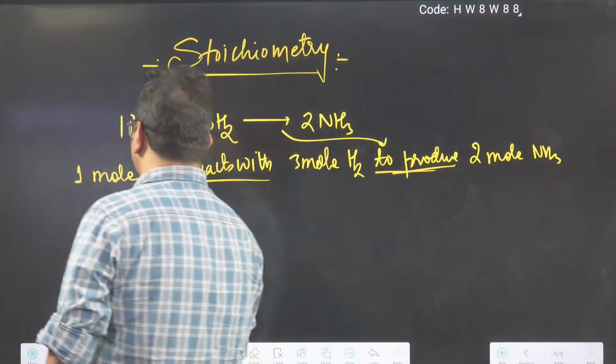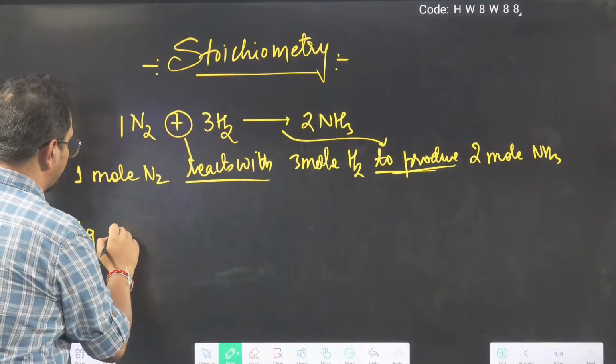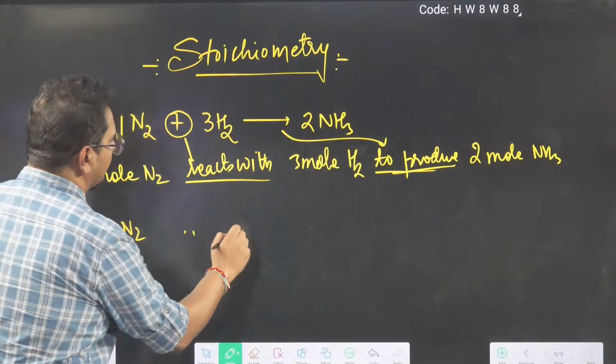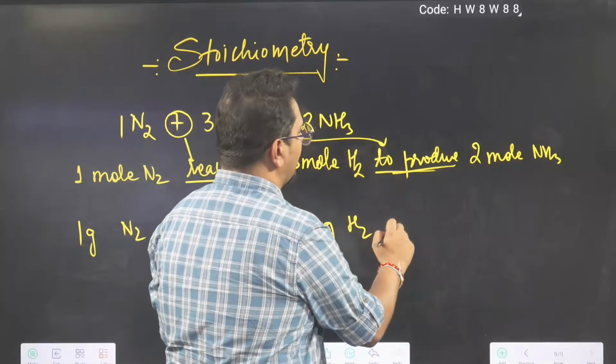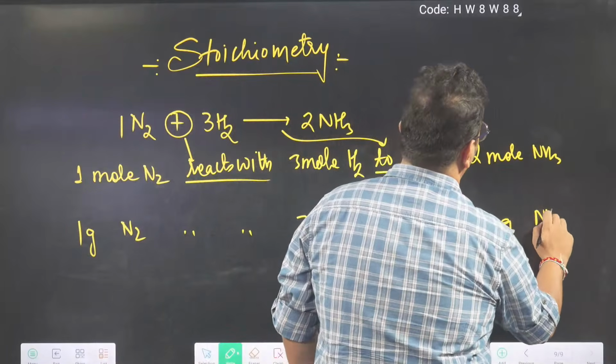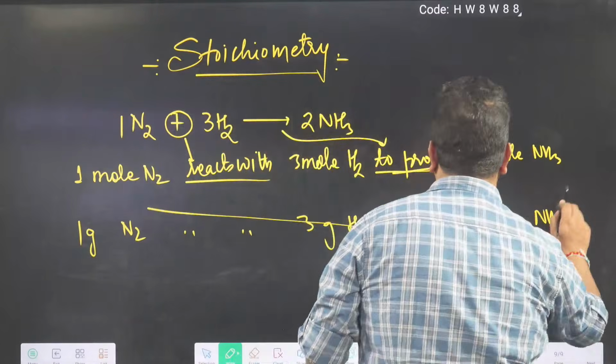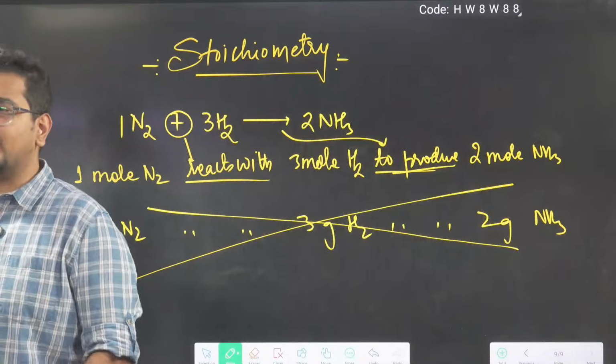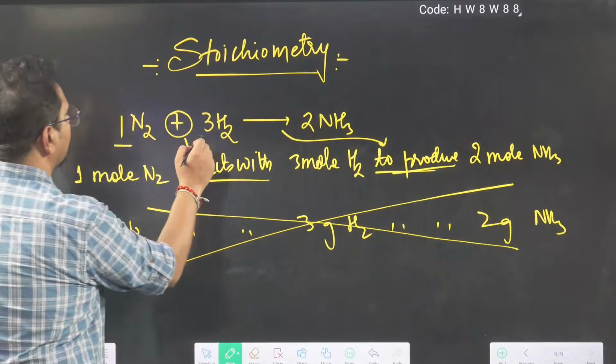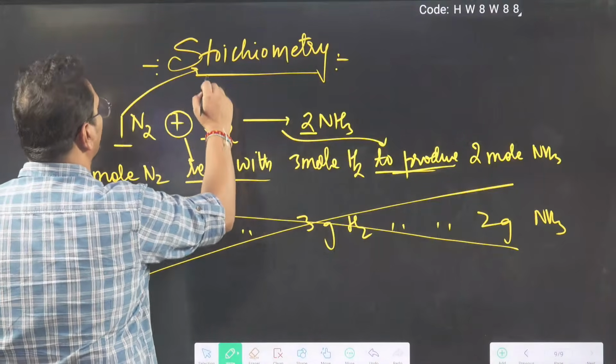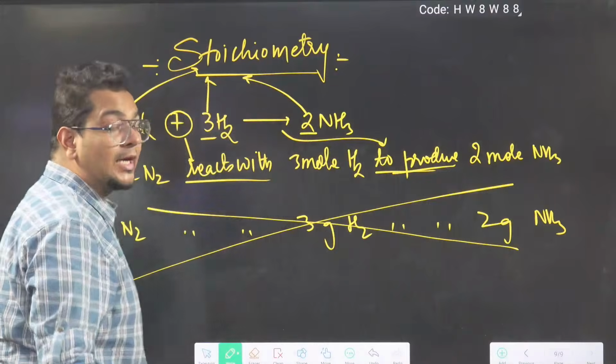You should never say that 1 gram nitrogen reacts with 3 gram hydrogen to produce 2 gram ammonia. This should never ever be said. These numbers 1, 3 and 2 are called stoichiometry. These ratios are molar ratios.